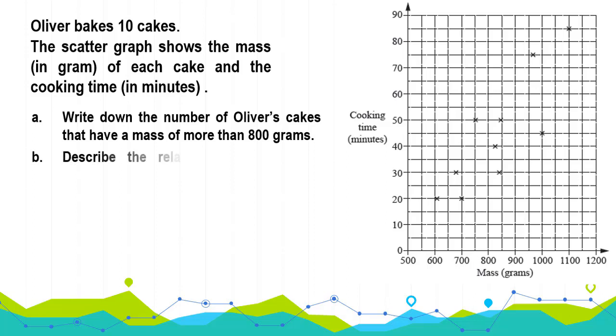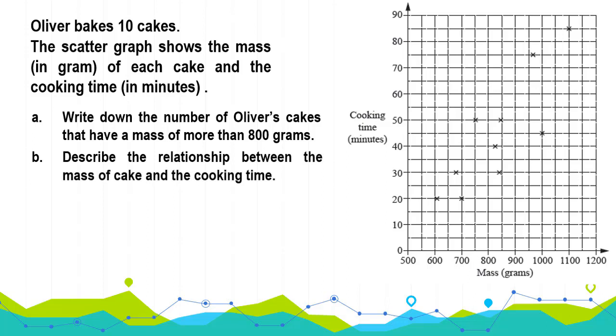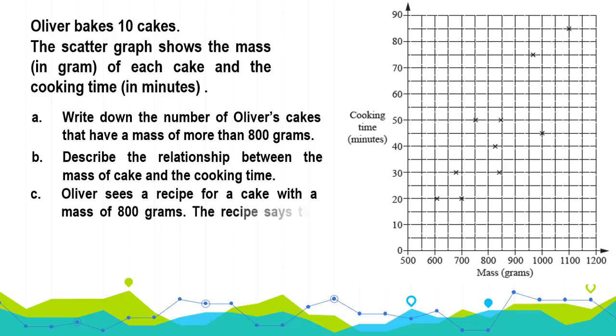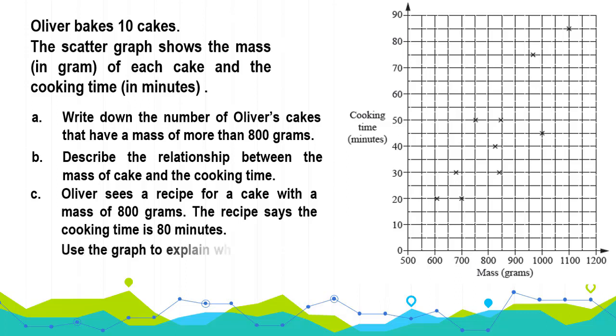B. Describe the relationship between the mass of the cake and the cooking time. C. Oliver sees a recipe for a cake with a mass of 800 grams. The recipe says the cooking time is 80 minutes. Use the graph to explain why this cooking time may be incorrect.